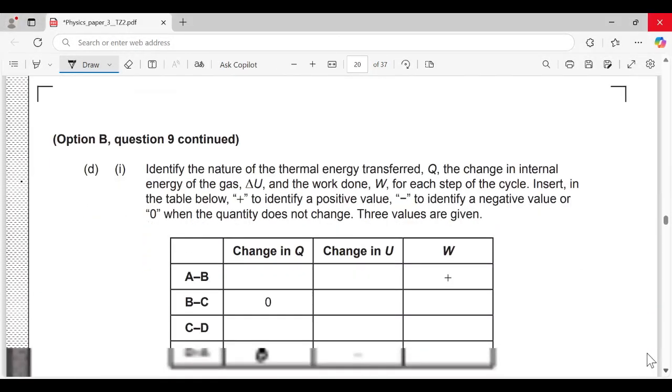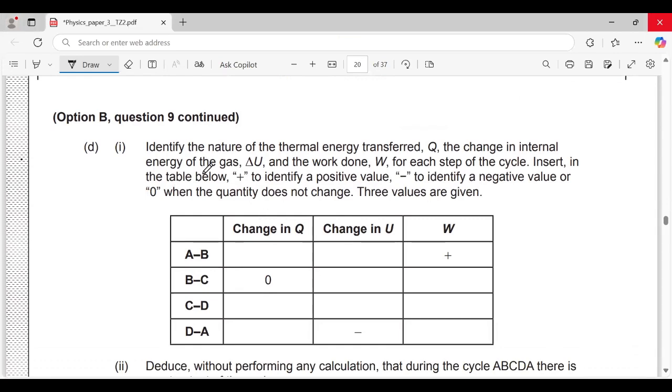Next, identify the nature of the thermal energy transfer, Q, the change in internal energy of the gas, delta U, and the work done, W, for each step of the cycle.